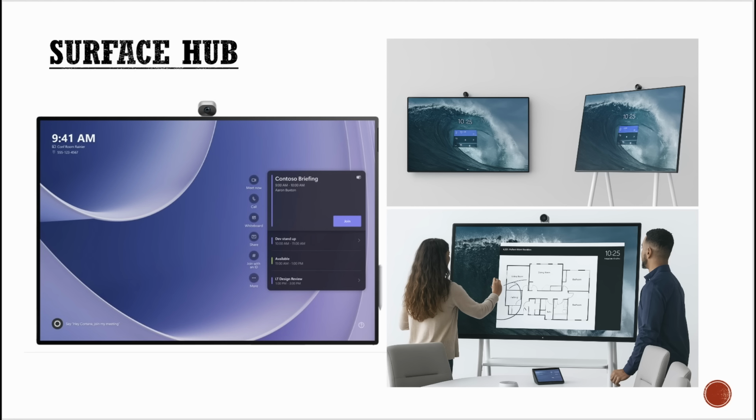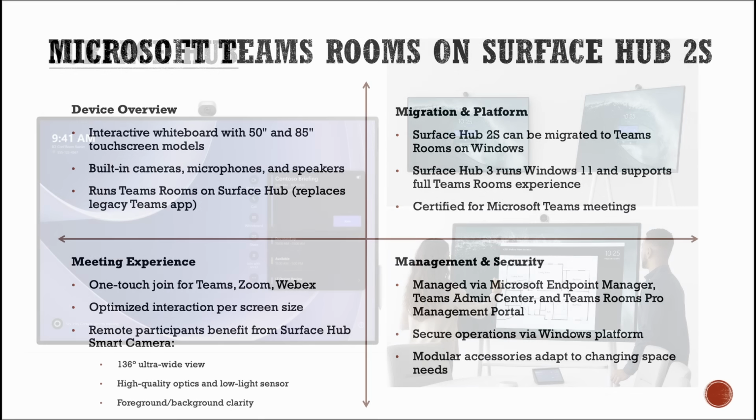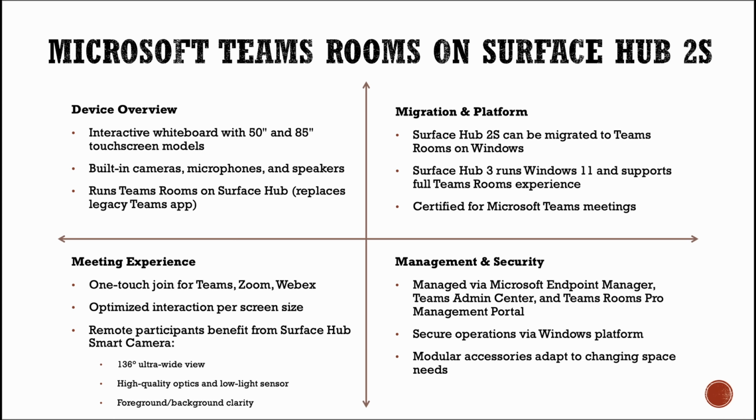It runs the Teams Rooms experience, replacing the legacy Surface Hub experience to deliver a more consistent and modern meeting flow. From a platform perspective, Surface Hub 2S can be migrated to Teams Room on Windows, while Surface Hub 3 runs Windows 11 and supports the full Teams Room experience out of the box. Both are certified for Microsoft Teams Meeting, ensuring compatibility and reliability.